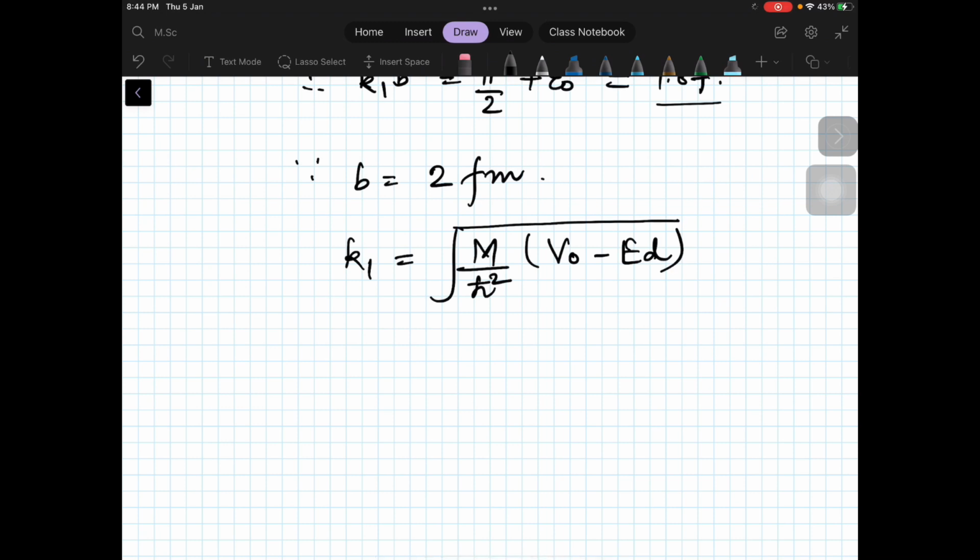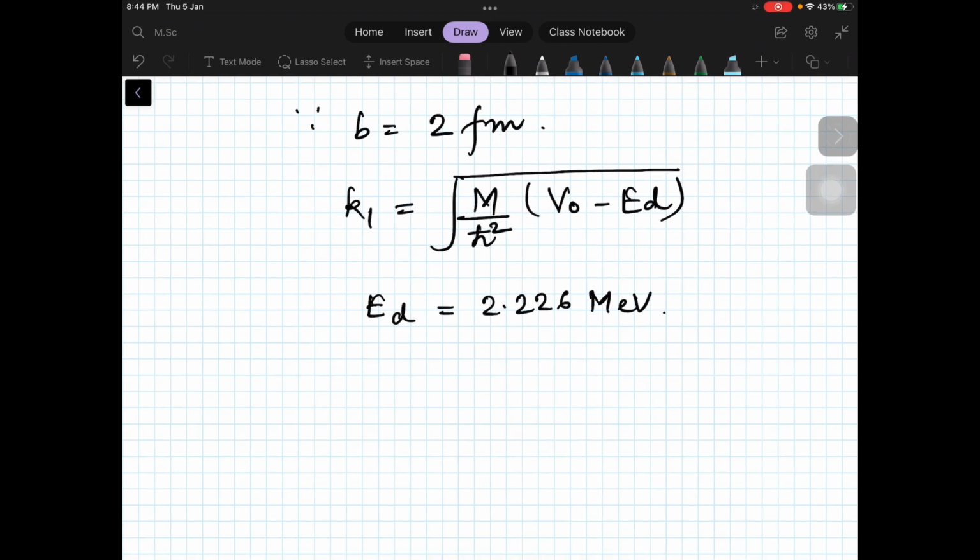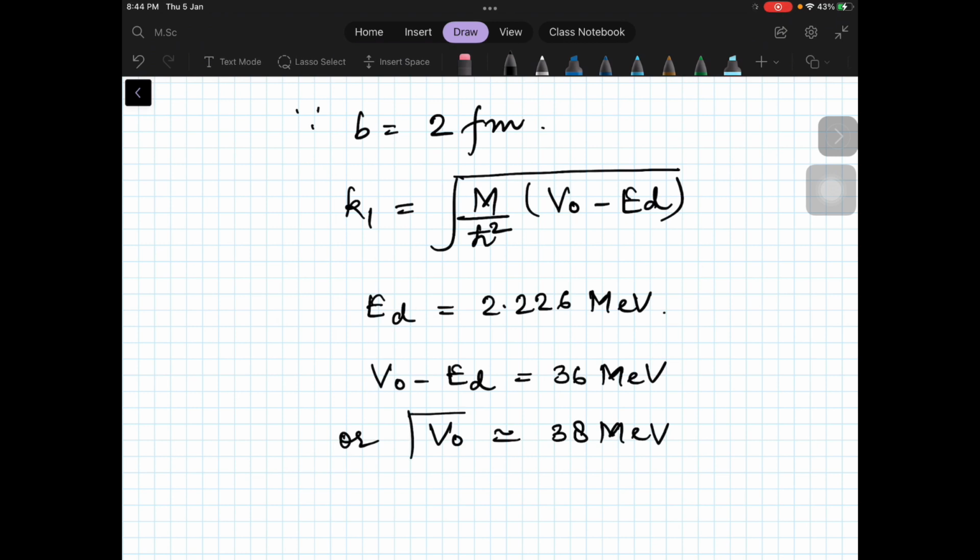Ed is the binding energy of the deuteron, and in this case Ed is nothing but 2.226 MeV, which is a calculated value. Therefore, solving this, we get V naught minus Ed is equal to 36 MeV, or we can say V naught is approximately equal to 38 MeV. So this is the depth of the potential well which we have considered in our case.